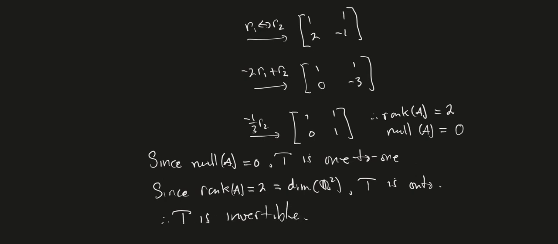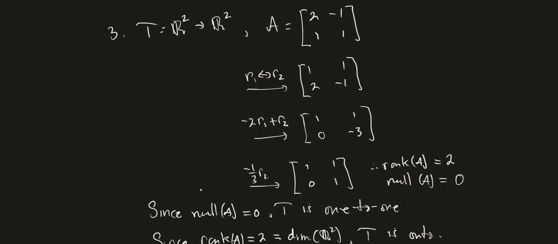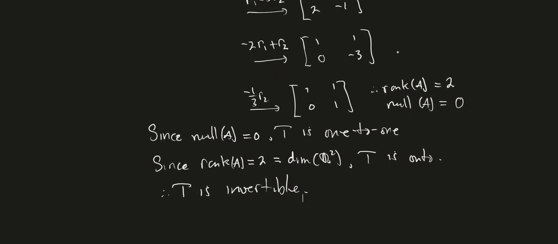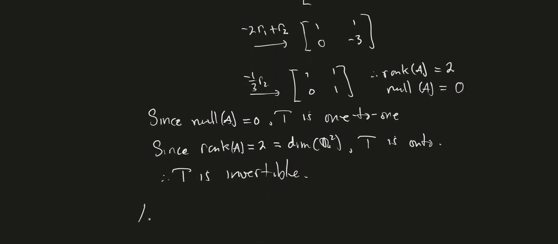Well, if T is invertible, we should be able to write down the standard matrix of the inverse, right? Now, here is the standard matrix of T, but we know how to find the inverse of a 2 by 2 matrix. So I'll just write it. In fact, let me write it down here. So A inverse, so here is A. It's 2, negative 1, 1, 1.